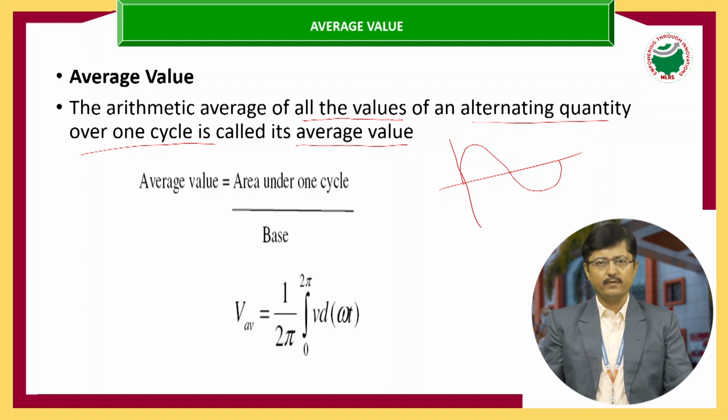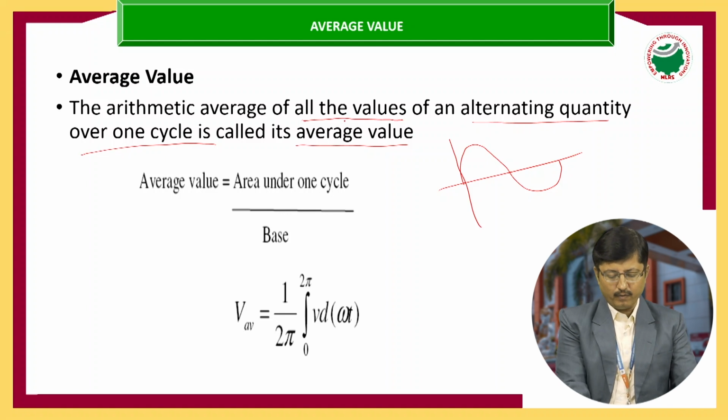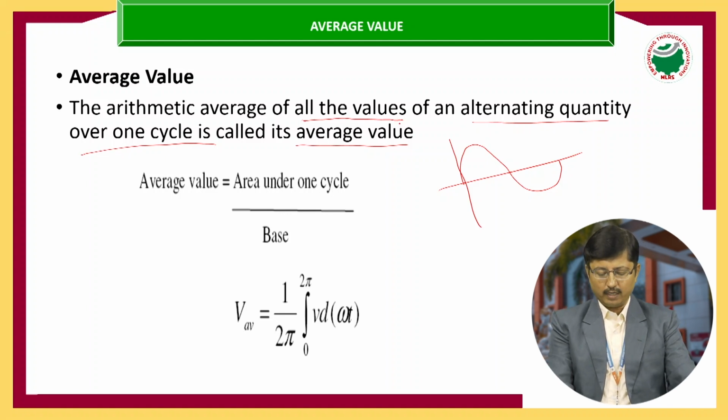In the same way, in AC circuits, if you want to calculate the average value of an AC quantity, then we have to take the instantaneous values of the total cycle over a period of time. That is nothing but the arithmetic average of all the values of an alternating quantity.